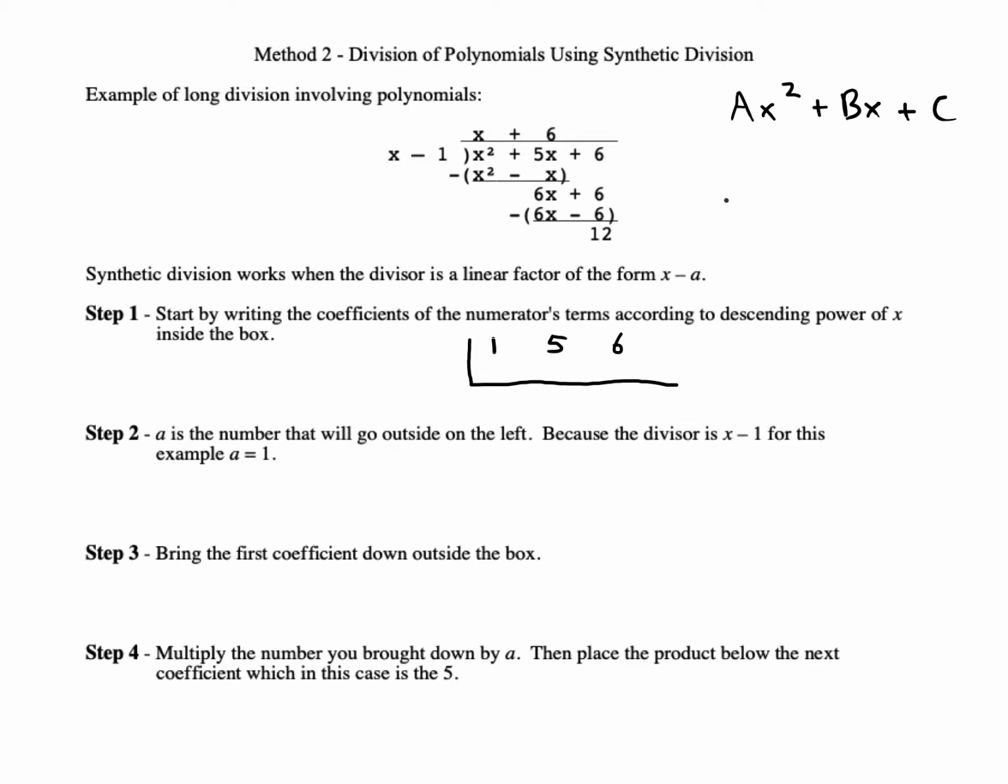So here it's clear that a is going to be a 1. Since there isn't anything there, it's assumed to be a 1. So we have 1x squared plus 5x plus 6 for our quadratic. Our a is 1, our b is 5, and our c is 6. So that's actually where I'm getting those values.